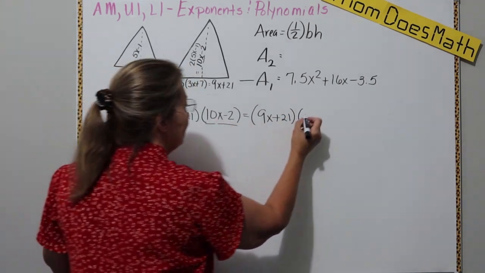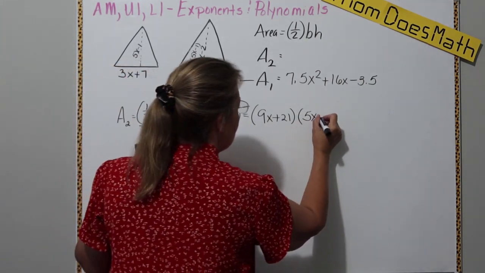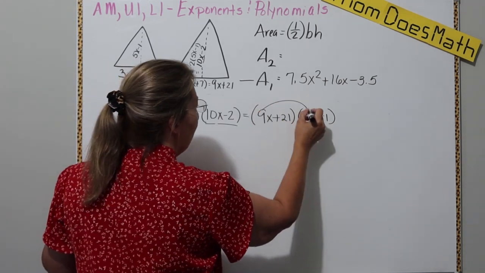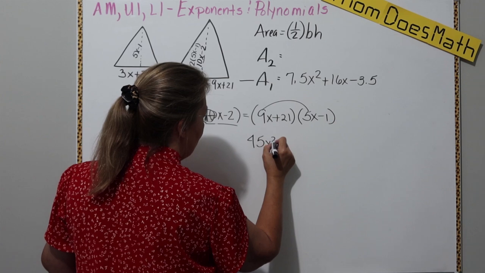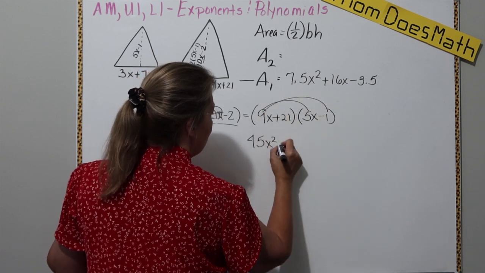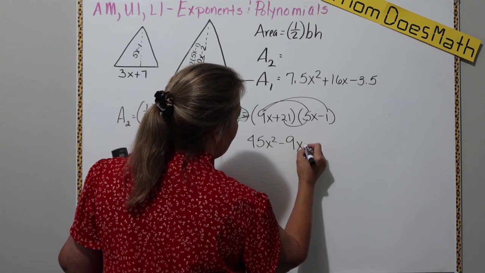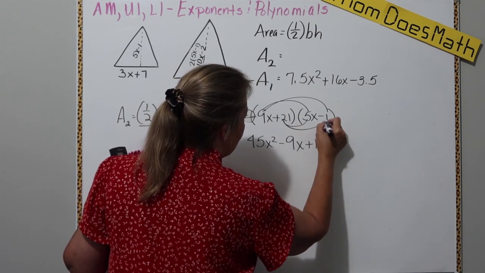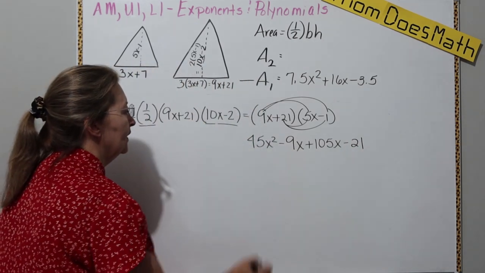1/2 times 10x is 5x. 1/2 times minus 2 is minus 1. Now I'm going to multiply. 9x times 5x is 45x squared. And 9x times minus 1 is minus 9x. 21 times 5x is positive 105x, and 21 times minus 1 is negative 21.